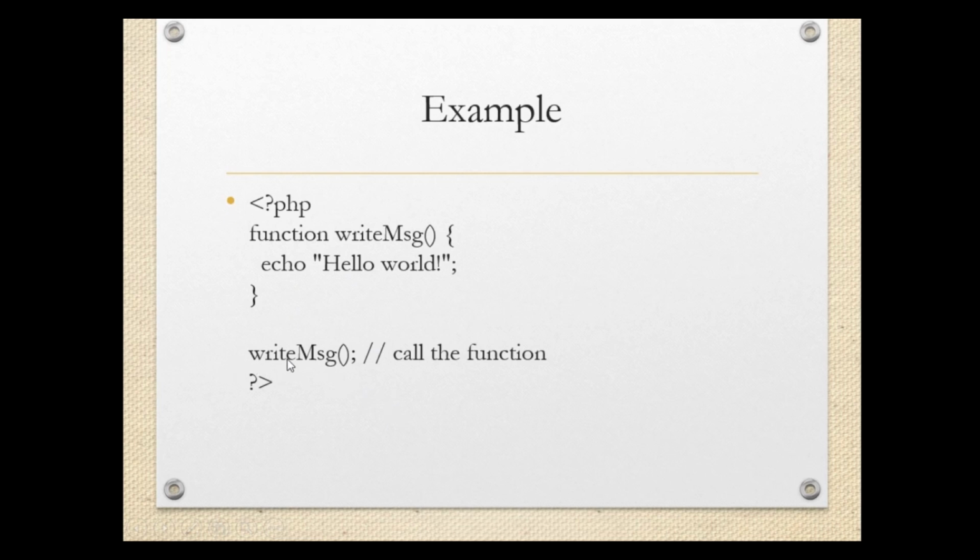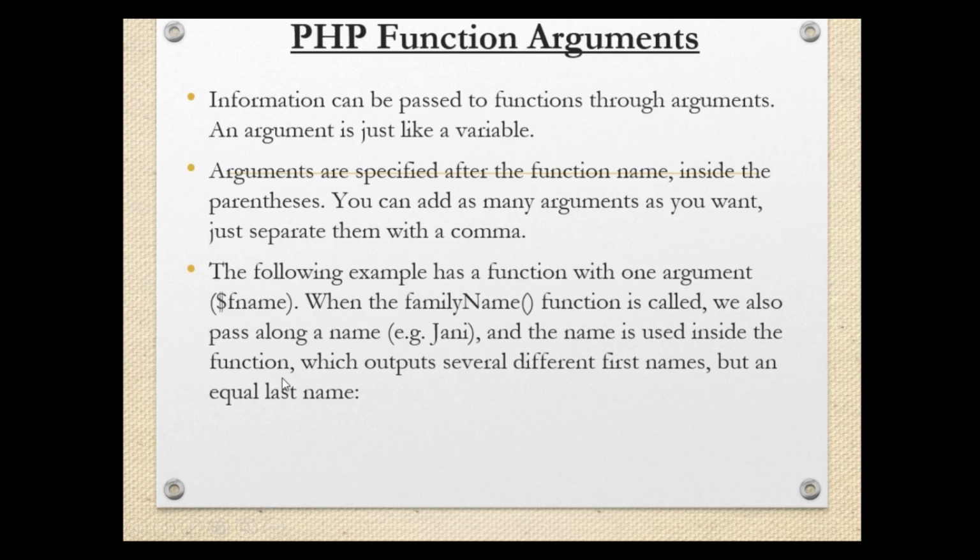So we are calling the function, that is writeMsg, with opening and closing round brackets and a semicolon. As you can see in the comment, this is the call of the function. The first part is my function declaration, this is my calling of the function, and then the closing of the PHP tag.